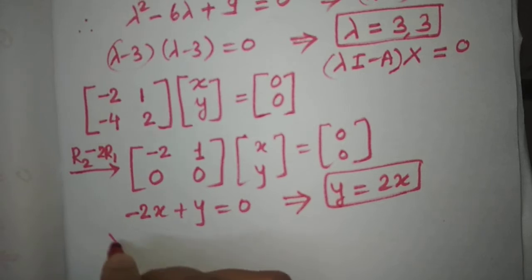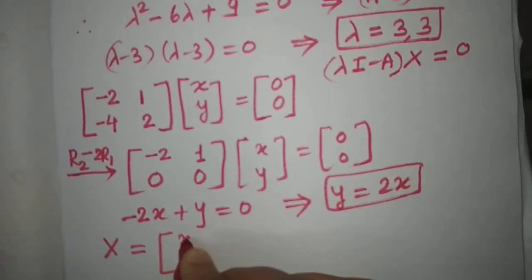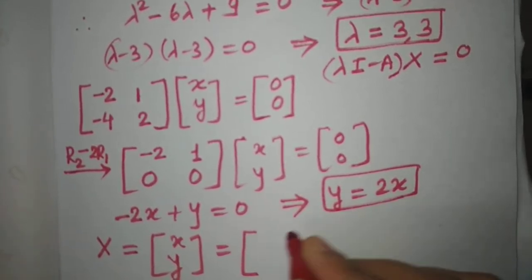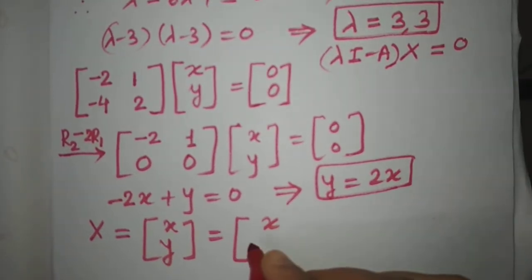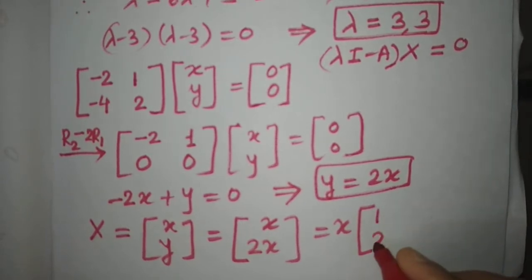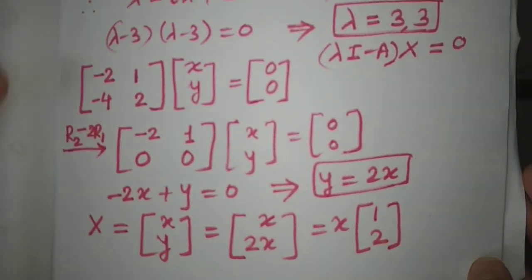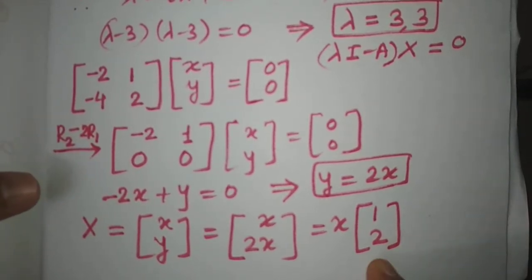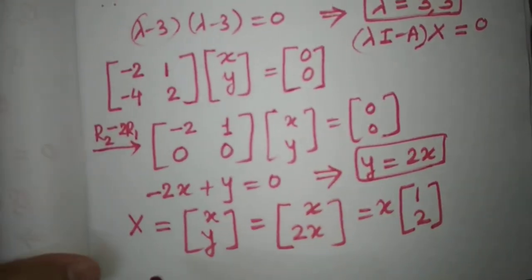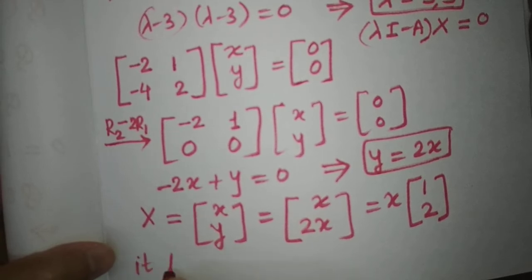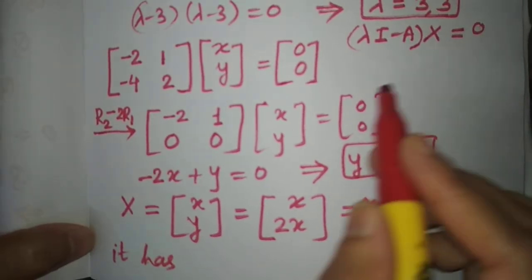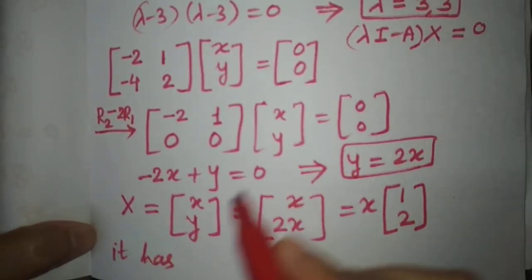So this gives us y is equal to 2x. So our eigenvector, the column vector x, y, is the same as, putting the value of y, x is independent and y is 2x. So it is x, you take x common, so 1 and 2. So the linearly independent vector is just 1, 2. This x gives us the eigenspace generated by the eigenvalue 3.